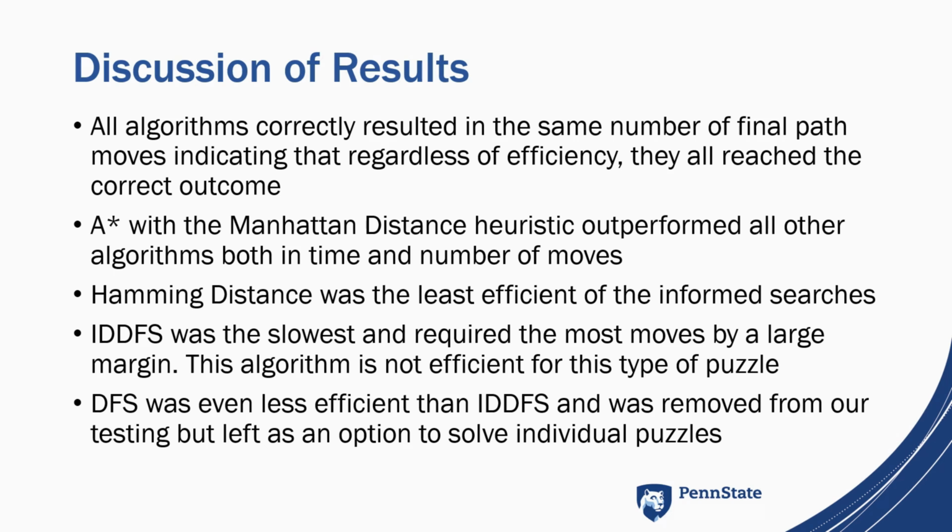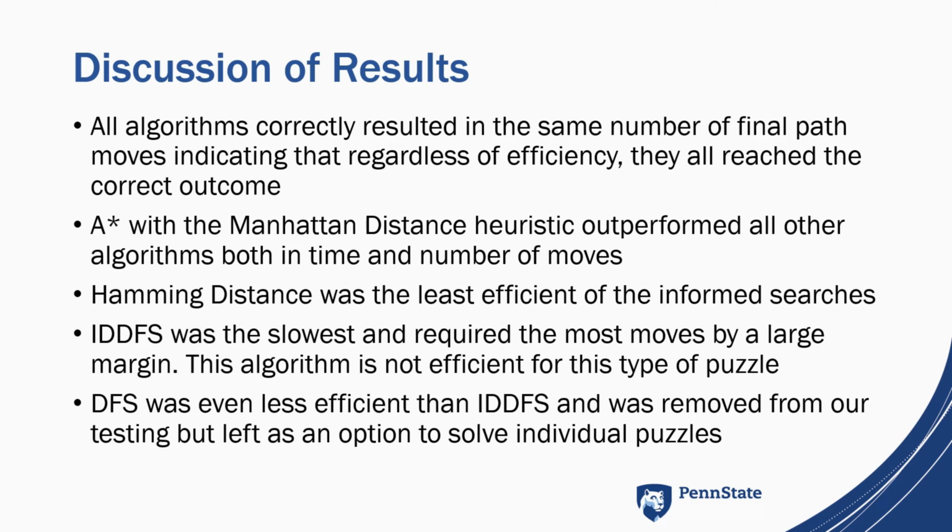Hamming distance proved to be the least effective heuristic for A star. IDDFS was particularly slow and inefficient for solving the eight puzzle.